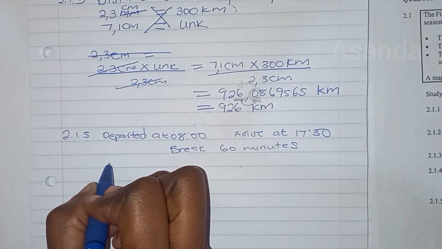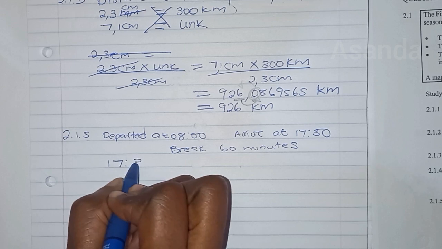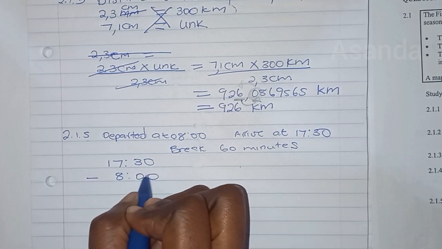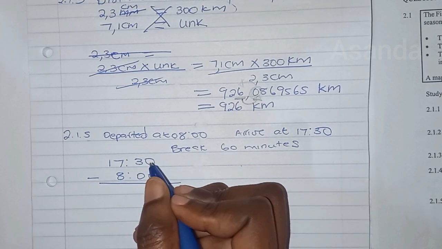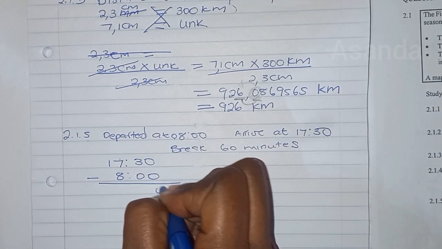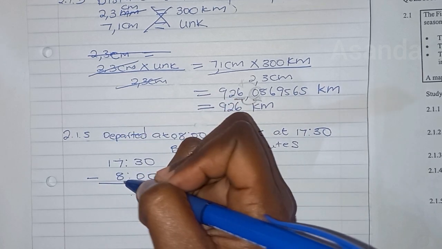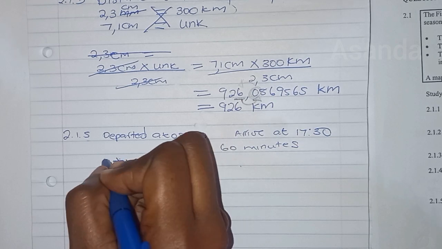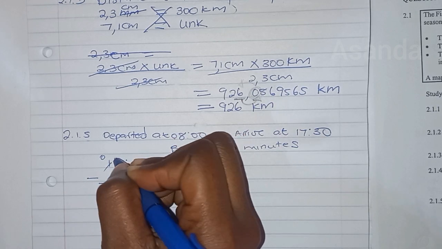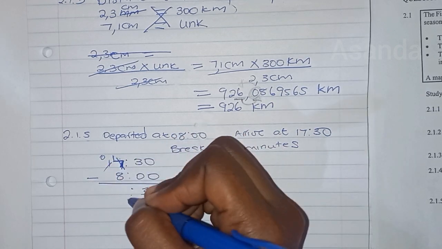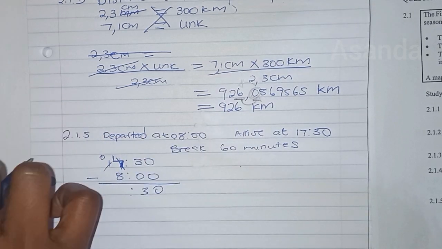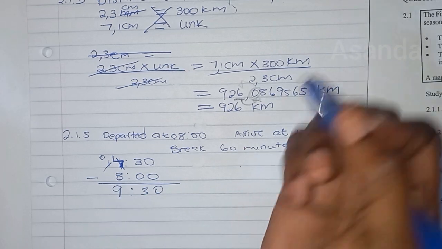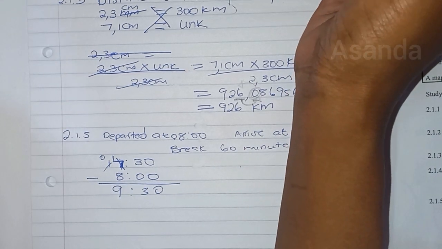They arrived at 17:30 minus the starting time, finish minus starting, and that's going to give us 30 minus 0 is 30. Then 17 minus 8. Before I make more mistakes, it is 9. So it is 9 hours and 30 minutes.